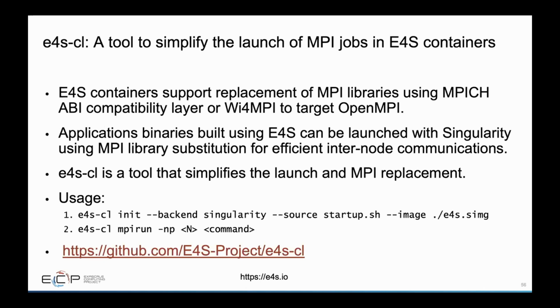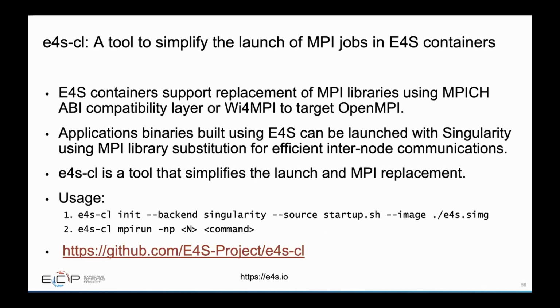You may have OpenMPI or some variant of MPICH that is used for an MPI that's available on your HPC stack. So we have a tool called E4S Container Launch Tool, or E4S-CL, that helps simplify the launch of MPI jobs. And you can use this with Singularity right now, and we are moving towards supporting Shifter as well.